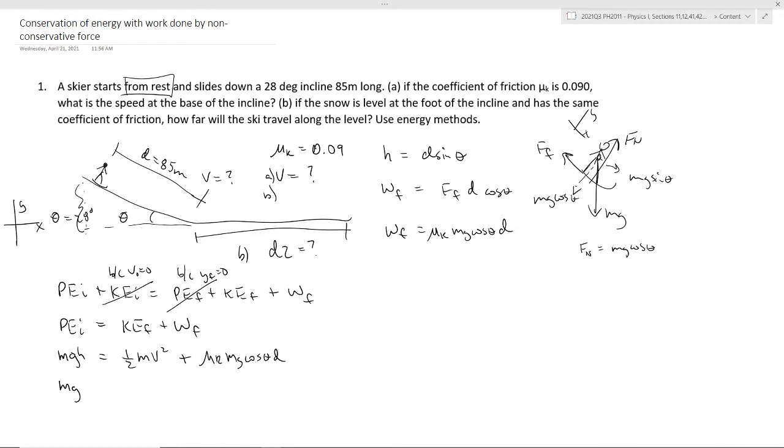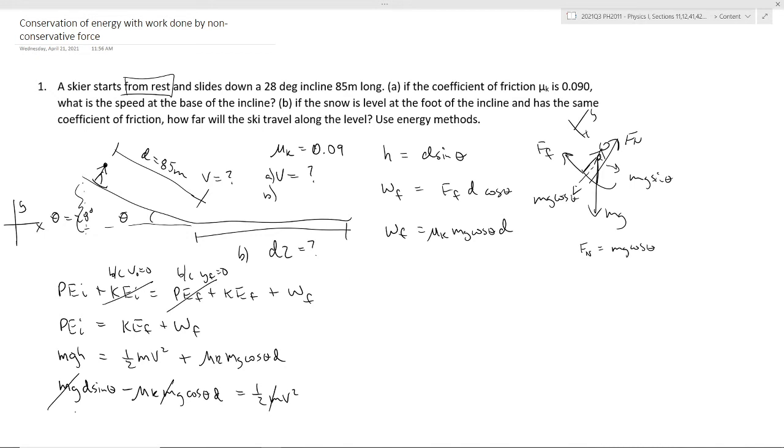So mg d sine theta minus mu k mg cosine theta d is going to equal 1/2 mv squared. Notice the mass cancels. It appears everywhere. We could factor out a factor of gd from both of these terms and solve for v.